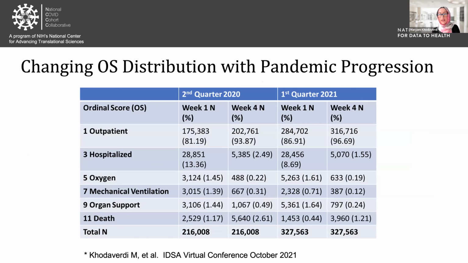In this table, we are comparing the distribution of OS for the second quarter of 2020 with the first quarter of 2021. And we found that the distribution is significantly different for these 2 quarters as well as other quarters. Next slide.